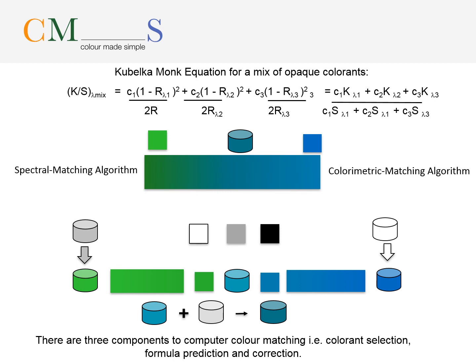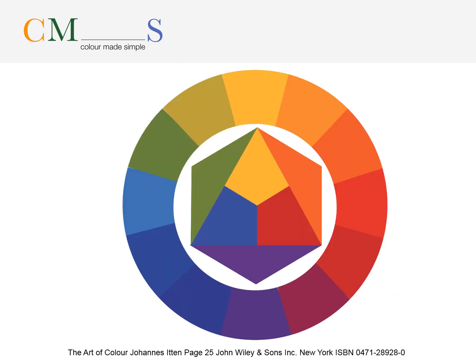There are three components to computer colour matching: the colorant selection, formula prediction and correction. And we have the choice of two algorithms: spectral matching or colorimetric matching. Complementary colours are colours which sit on opposite sides of the colour wheel.